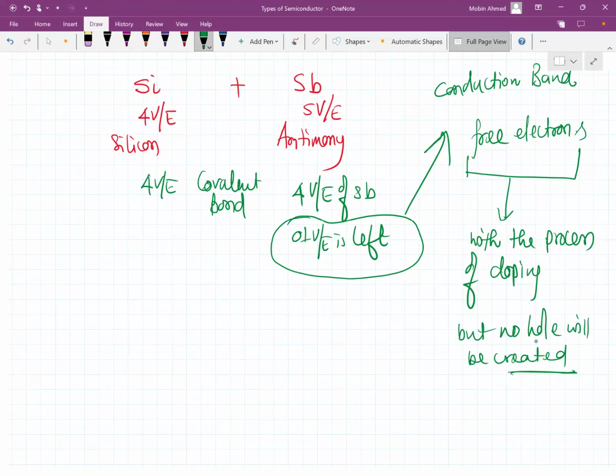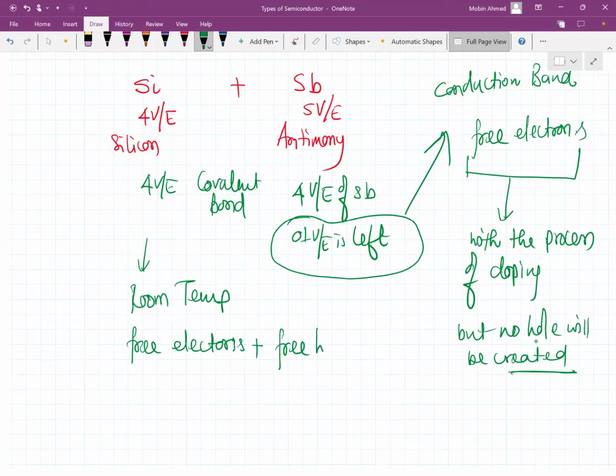But in this N-type semiconductor, after the covalent bonds are formed, in the conduction band we have the free electrons. And this mixture of silicon and Sb, if it is at room temperature, also has free electron and free hole pairs.